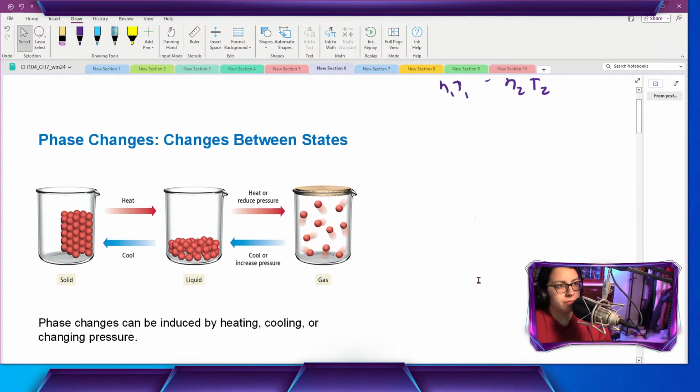And so let's just start looking at what is a phase change in general. And we have our solid particle here. So I think it's easier if we put this in context of water and ice. So, okay, our solid is ice. And we know if we add heat to it, it starts melting and turns into a liquid, right?